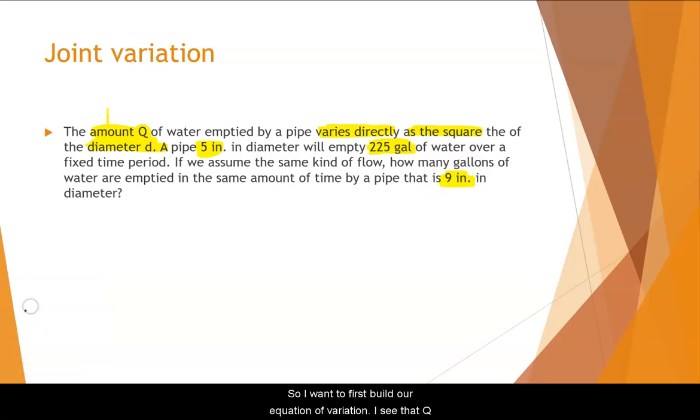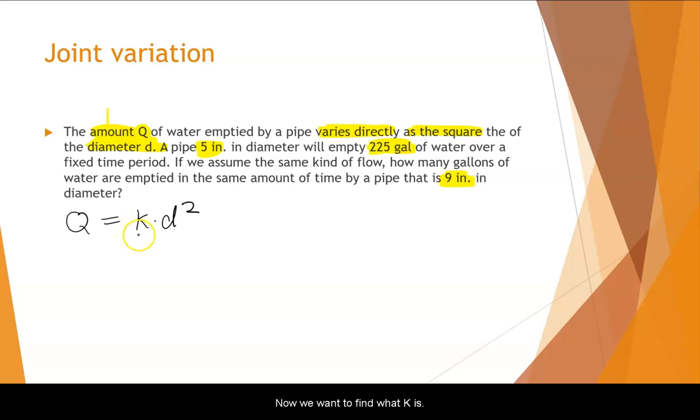So I want to first build our equation of variation. I see that Q varies directly as the square of d. So Q equals k times d squared. There's our model. Now we want to find what k is.